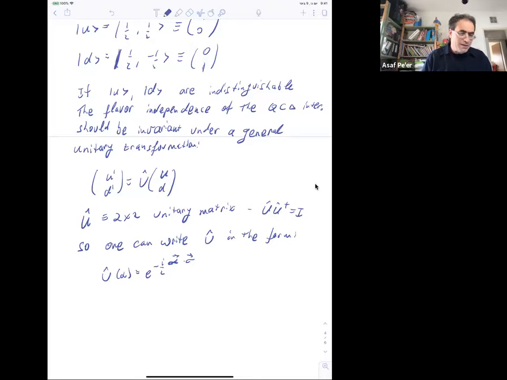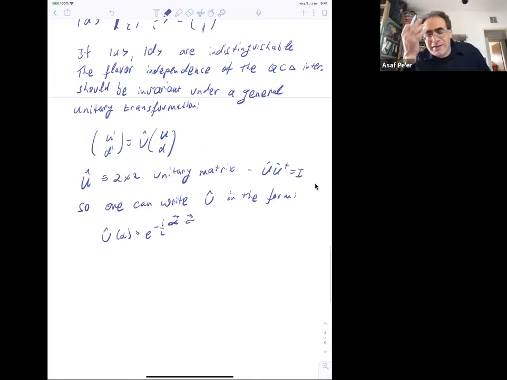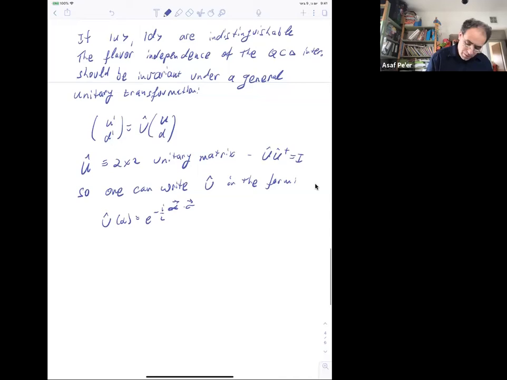So it's similar to the spin: I have rotation in the isospin space. I write it in terms of the Pauli spin matrices. I would say that these Pauli spin matrices are the generators of the SU2 symmetry group, identical to the spin.